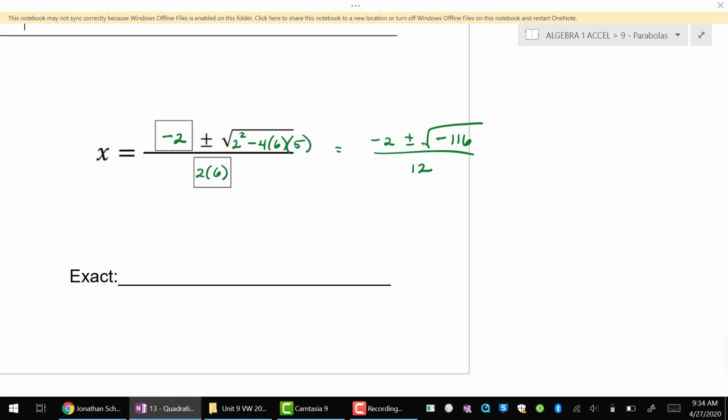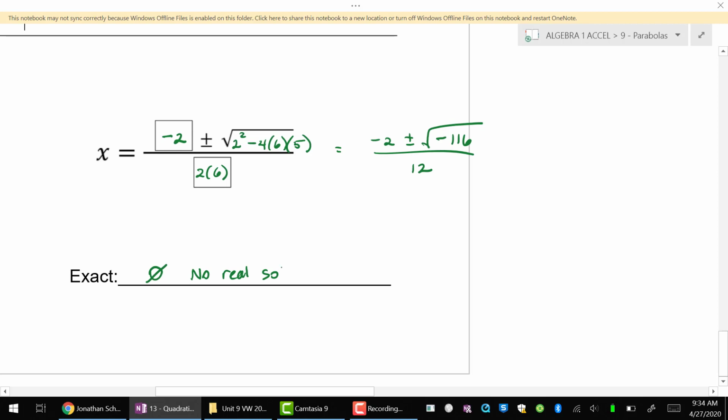We have no solutions because you can't have the square root of a negative number. If I have the square root of something like negative 81, it is not true that that equals negative 9. We can't have negatives in the radical. So statements like that don't exist. We say that there's no real solutions, at least within the real number system, they don't exist. So here, my answer, no solution.